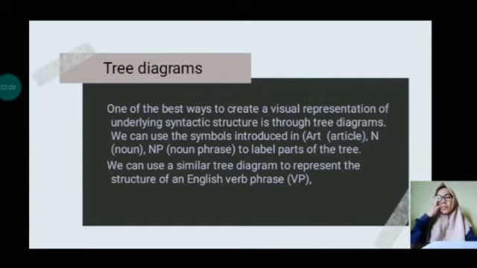A tree diagram is one of the best ways to create a visual representation of underlying syntactic structure. We can use the symbols introduced in articulation, noun phrase to label parts of the tree. We can use a similar tree diagram to represent the structure of an English verb phrase.